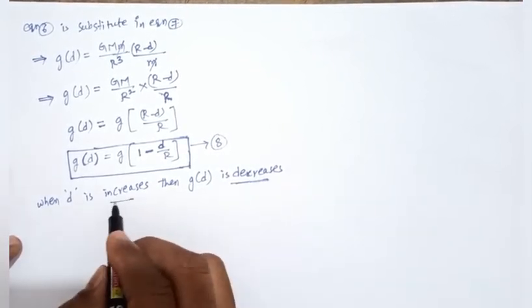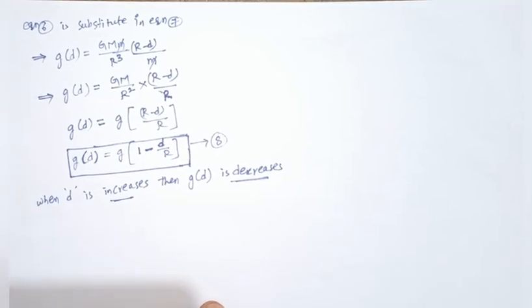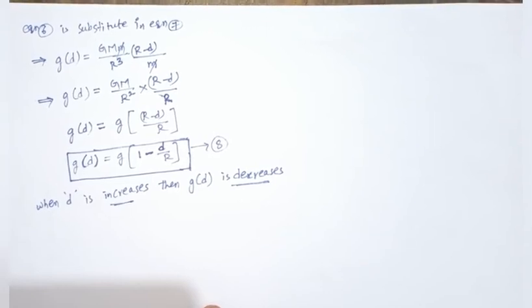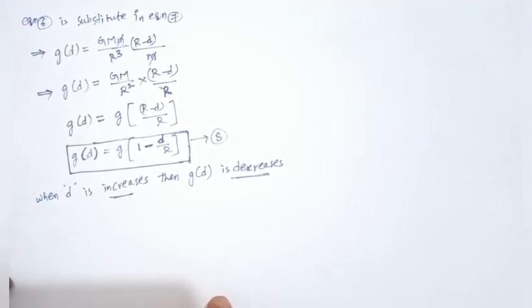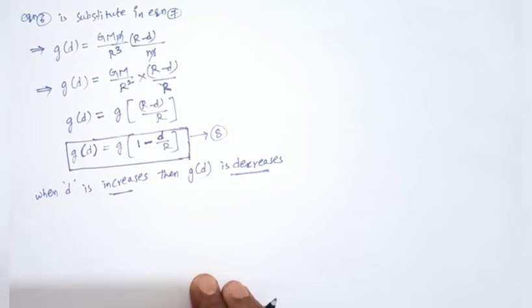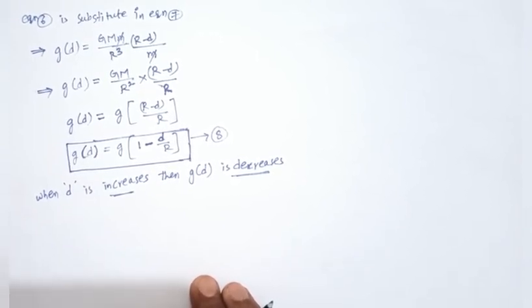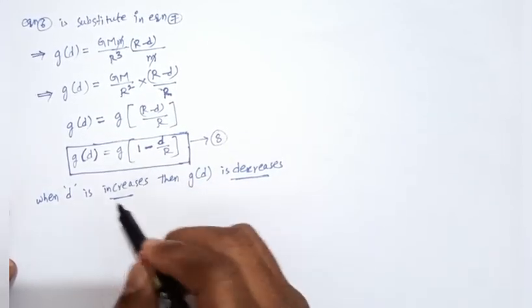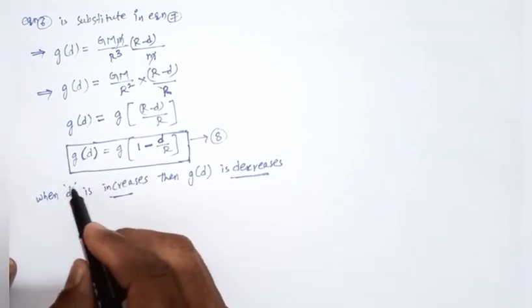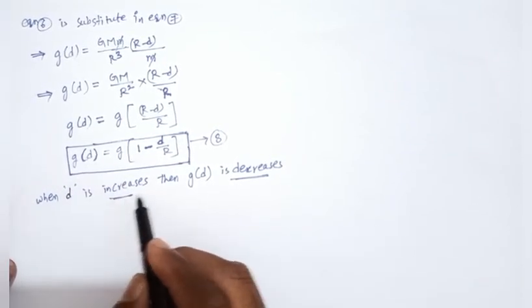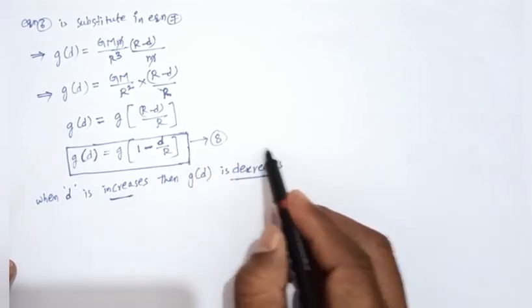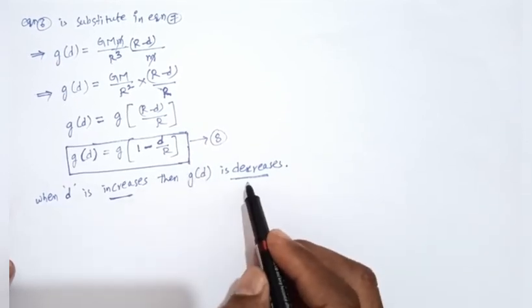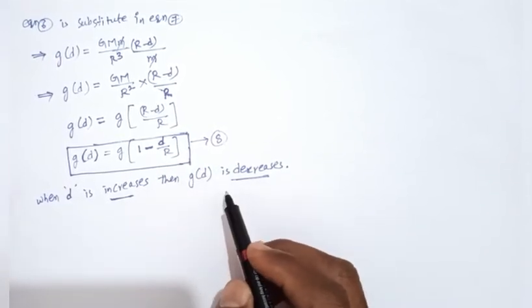From the variation of acceleration due to gravity above the earth surface and below the earth surface: when we go above the earth surface, acceleration due to gravity decreases, and when we go below the earth surface, the depth d increases, so g of d decreases.